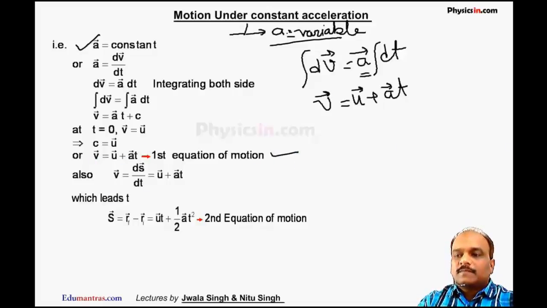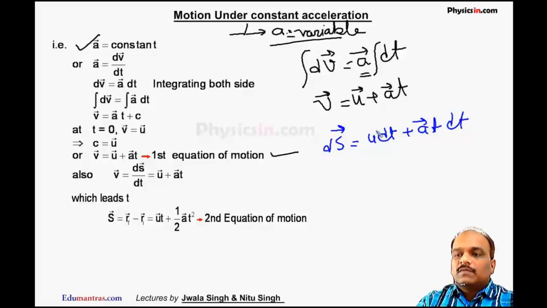Now the next is, as we know, V is equal to ds by dt, that is the rate of change of displacement, which is also equal to U plus AT, which gives us ds equal to U into dt plus A into t into dt.